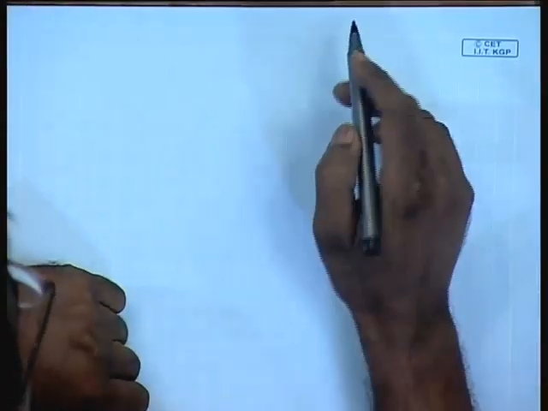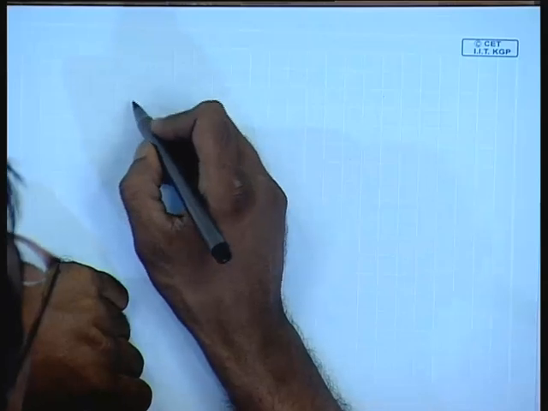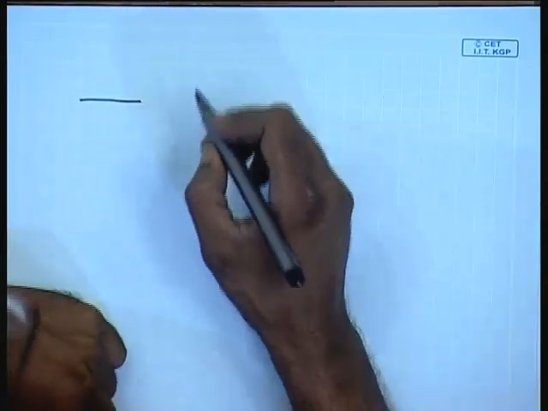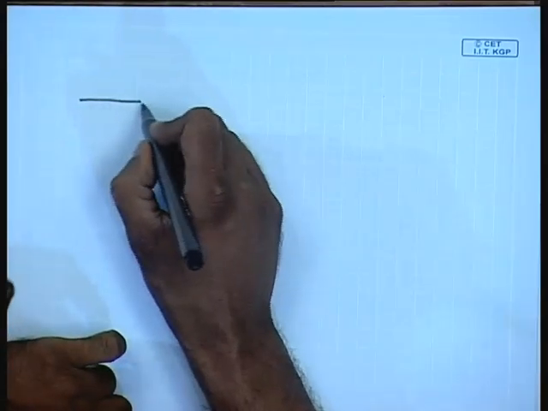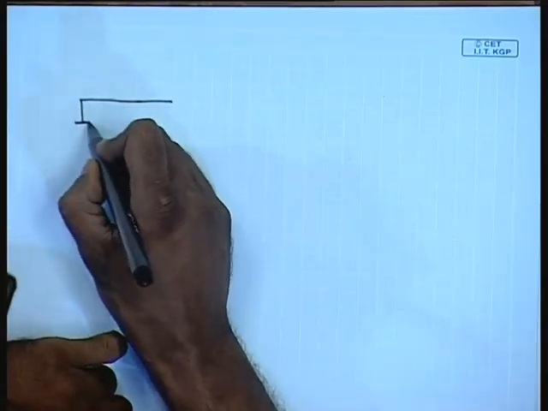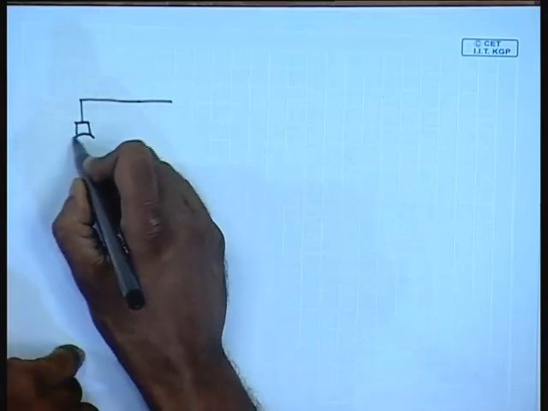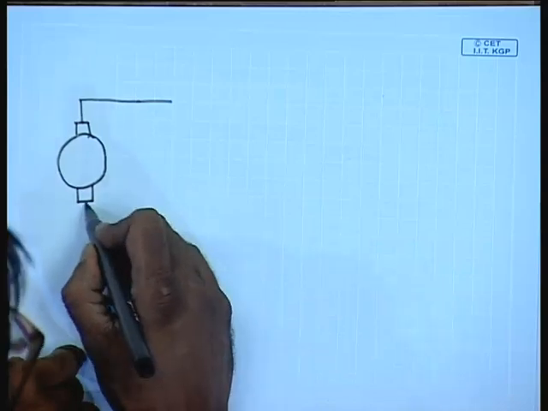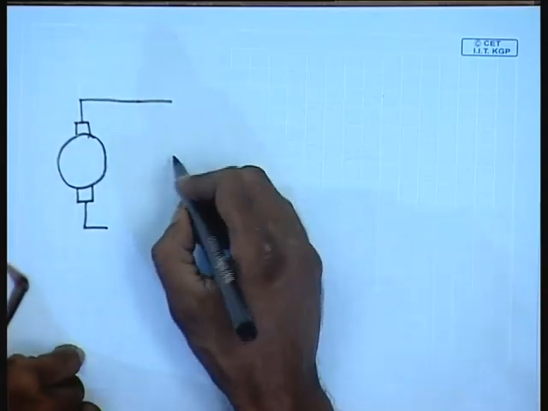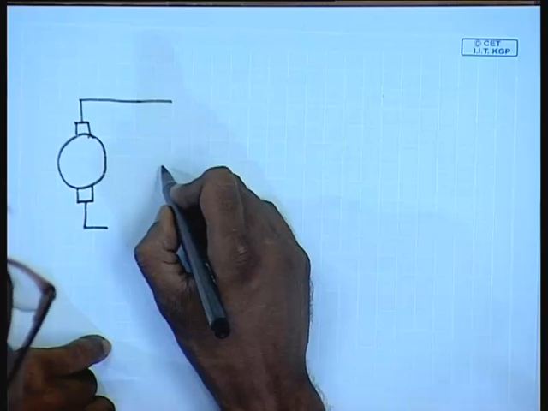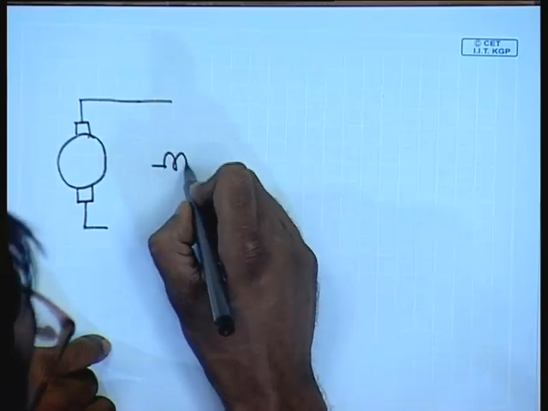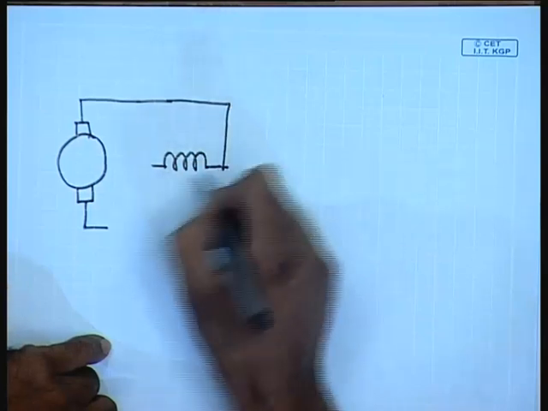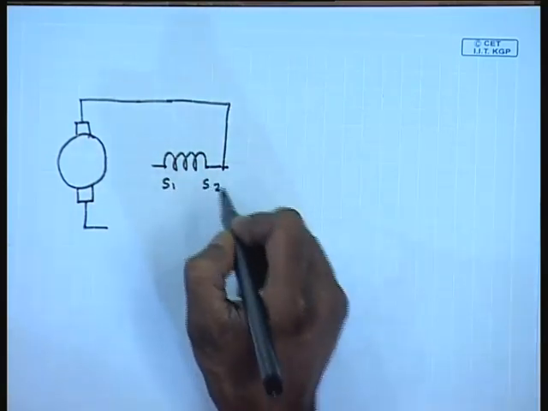Let us see. We know that a chopper consists of two switches, so let us first consider dynamic braking.